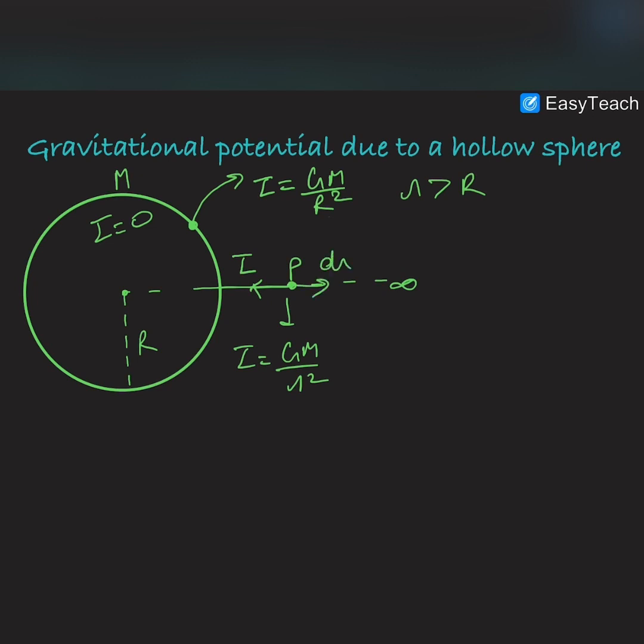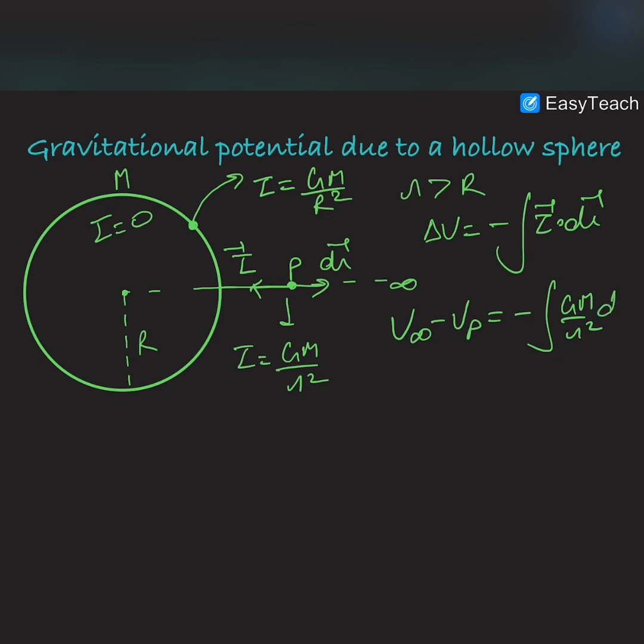So let us suppose that this is dr. So we know that dV or delta V is equal to minus integration I dot dr, and delta V is the potential of the final point, which is infinity, minus the point P, and this is minus integration I dot dr, where I is GM by r square and dr. Now you can see that I is pointing in this direction and dr is pointing in this direction, so there would be a negative sign, and this is cos 180.